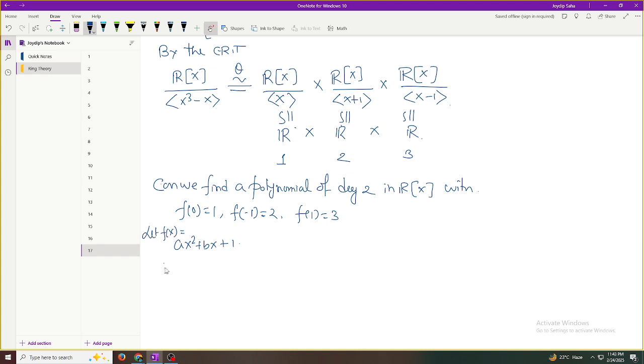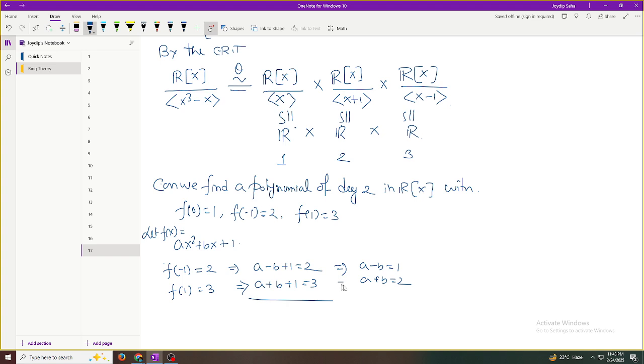So f(-1) equals 2, that means a minus b plus 1 equals 2. And f(1) is 3, that is a plus b plus 1 equals 3. So a minus b equals 1, a plus b equals 2.